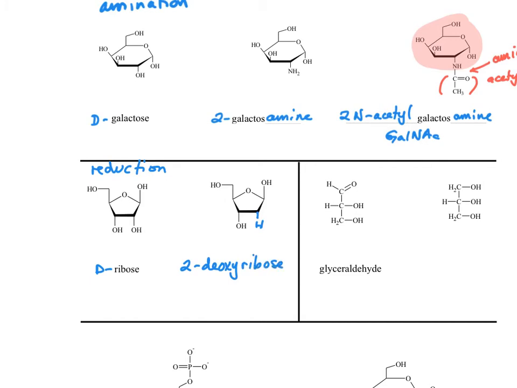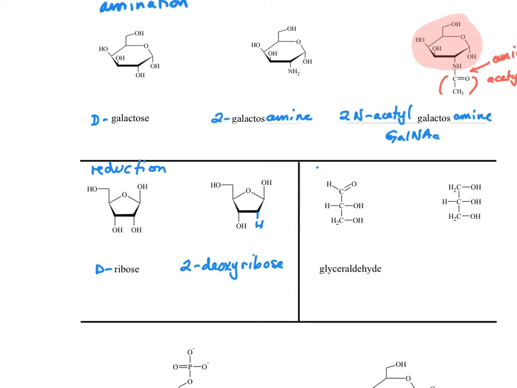And that's simply reflecting the fact that we start with a ribose, we remove an oxygen at the 2 position. And so deoxy in that sense means we're removing the oxygen. Now you may know that deoxyribose is the sugar that is used in DNA, and ribose is used in RNA. If you don't know that, don't worry about it. In 2 chapters, we'll be talking all about nucleic acids and how these sugars are involved.